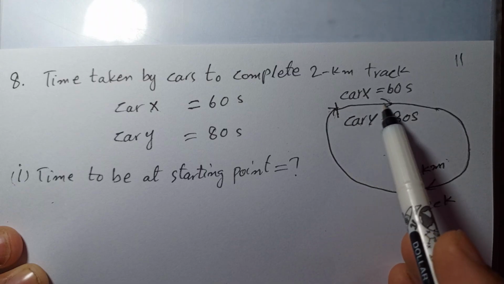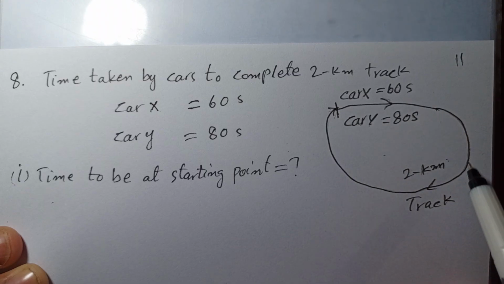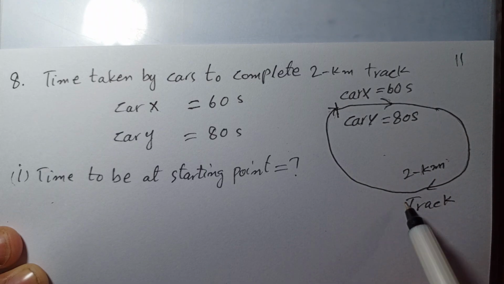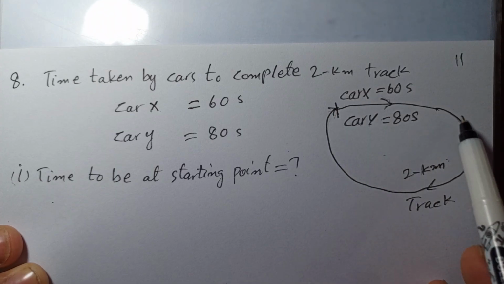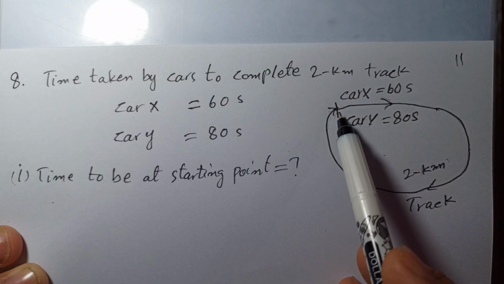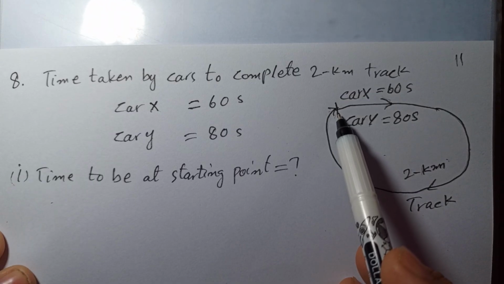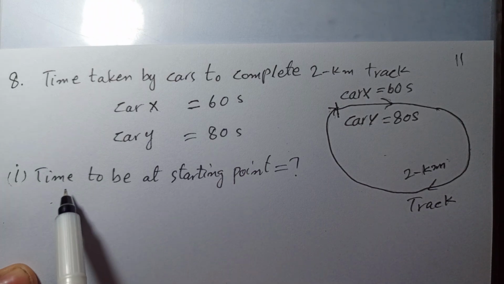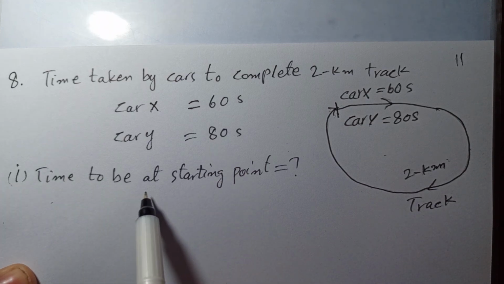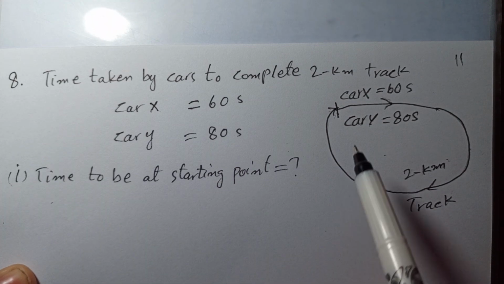This whole track length is 2 kilometer, and the cars are making a round circle on this track, and they are racing. In this way we have to find the time to be at the starting point.